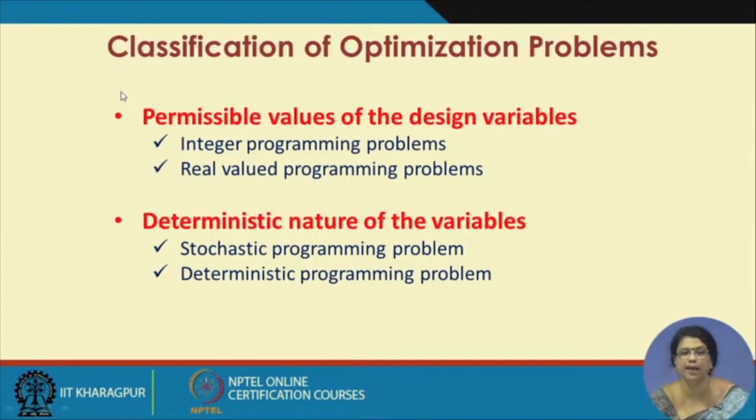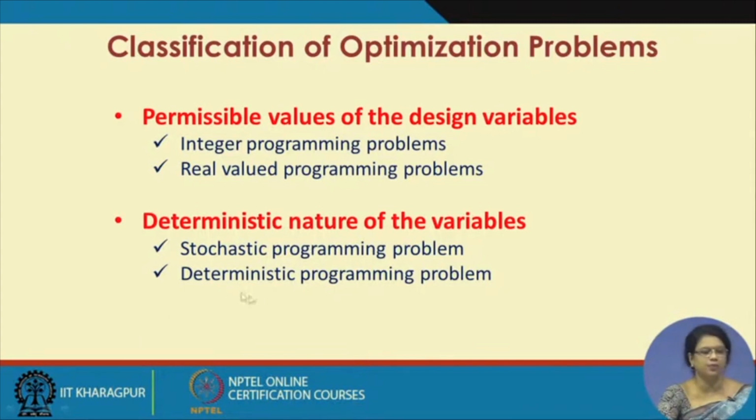It may also be 0-1 programming, where the design variables take only the value 0 or 1, no other value being permissible. That is why you need to learn the techniques to handle integer, mixed integer, 0-1 programming, non-integer and everything. This is another kind of model for you.